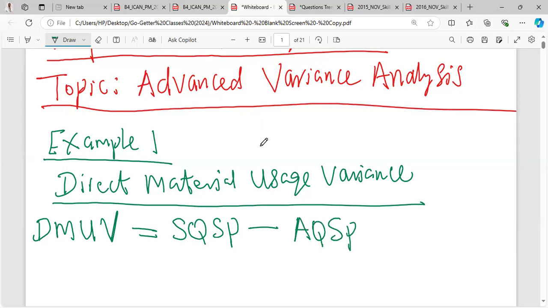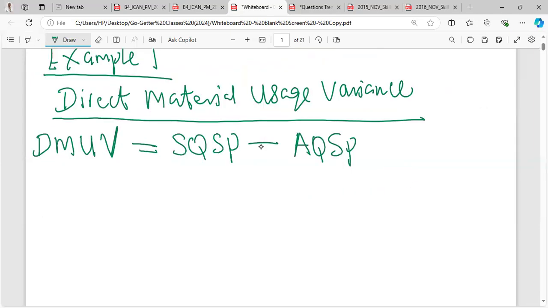Isn't it? That's what we learned, usage. Now, this can also be further simplified because standard price is common. So we can say standard price, standard quantity minus actual quantity.